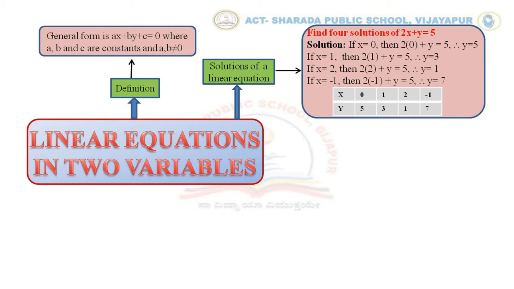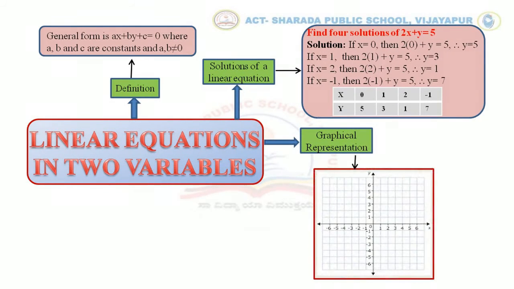This equation 2x plus y is equal to 5 can also be represented on a graph sheet. That is the graphical representation of the linear equation 2x plus y is equal to 5, which is explained like this. We use the table of x, y and plot these different values on this graph sheet.